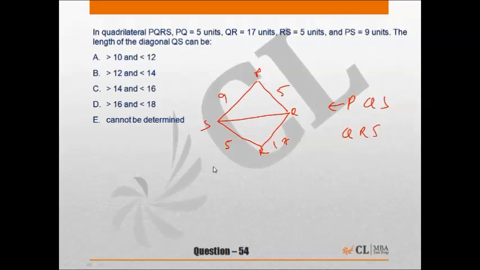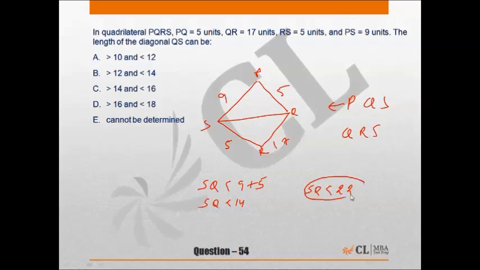So from here we get SQ less than 9 plus 5 considering triangle PQS, and so SQ is less than 14, and when we consider triangle QRS we get SQ less than 22.